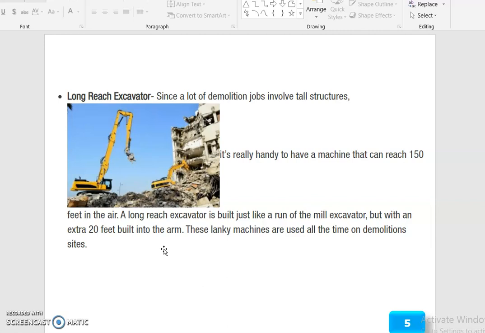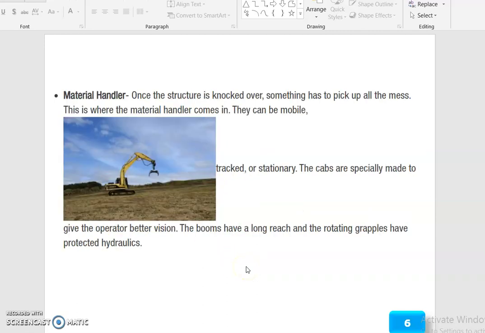These machines are used all the time on demolition sites. See the picture itself: the entire building has to be demolished. That means they want to remove a particular building in a particular area. Why is this important? We have to save the surrounding area also.